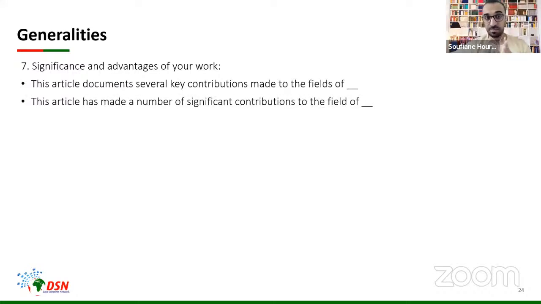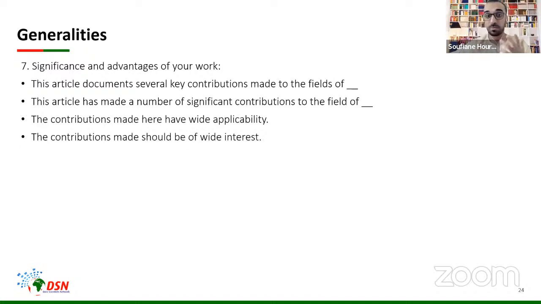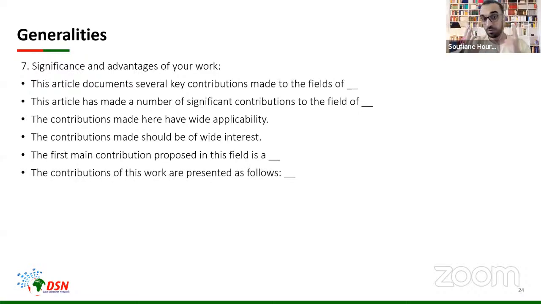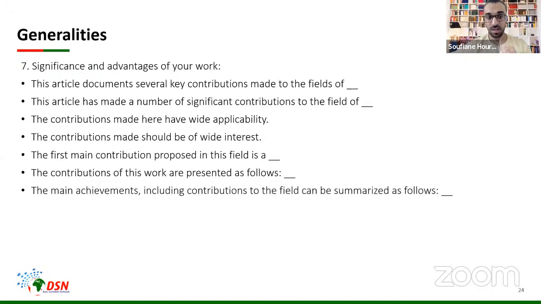This article has made a number of significant contributions to the field of. The contributions made here have wide applicability. For example, the contribution made should be of wide interest. The first main contribution proposed in the field is something. The contributions of this work are presented as follows. The main achievements, including contributions to the field, can be summarized as follows.